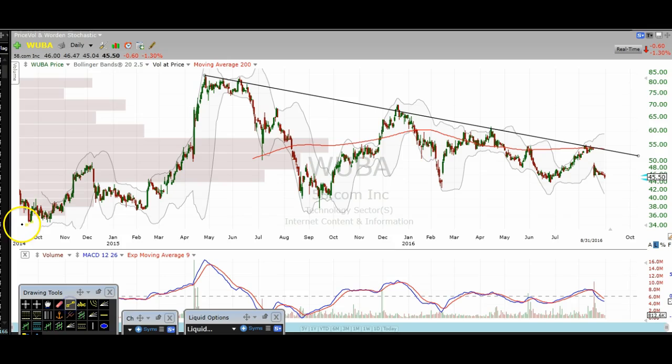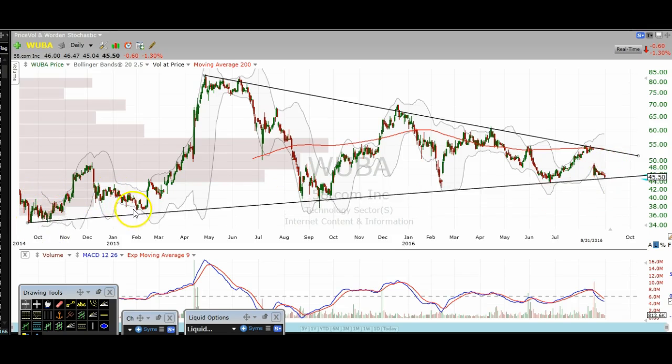And then another thing that I'm seeing right here, we're right in between some key levels. Pretty much right where the low of the day was is where we hit that.